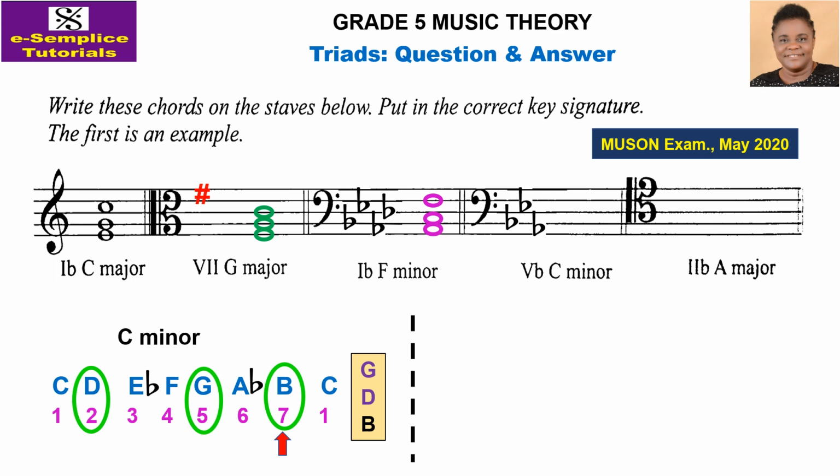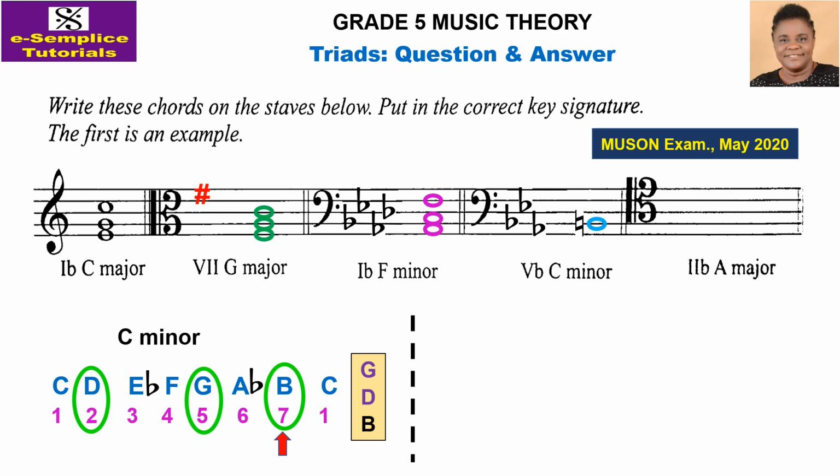Then let's add our note. B first. Now remember, you need to add natural to B. If you don't add that natural sign, your B remains B flat because there is a flat on line B in the key signature.